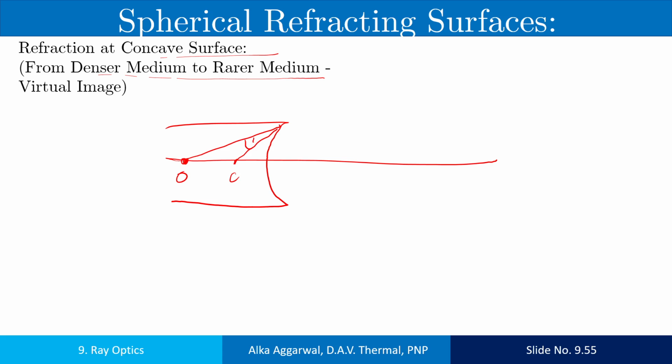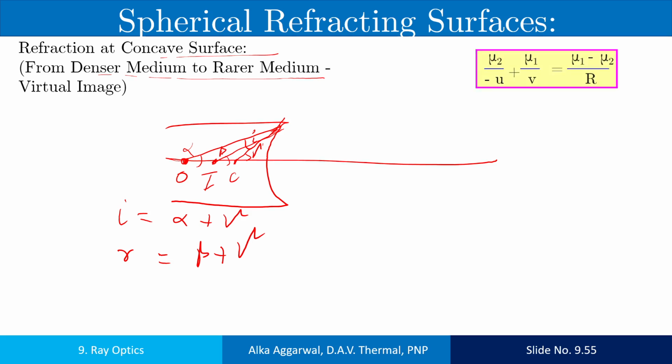This will be the angle of incidence as it bends away from the normal. So this will be the position of the image. This angle is alpha, this angle is beta, this angle is gamma. And the relationship is I equals alpha plus gamma and R equals beta plus gamma. Rest of the derivation is same and the result is also the same, that is mu2 upon minus u plus mu1 upon v equals mu1 minus mu2 upon R.